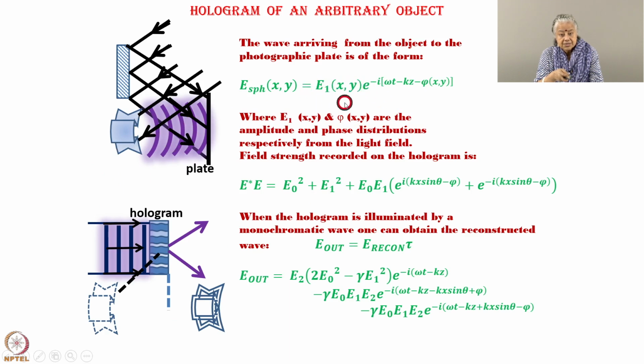The amplitude itself has a variation, and then of course, you have the wave itself, e to the power minus i omega t minus kz minus phi xy. I have written it like a general term of phi xy. In case of a point source, it was r square by 2 z0. You know, it was a well known source, and one could define it very easily.